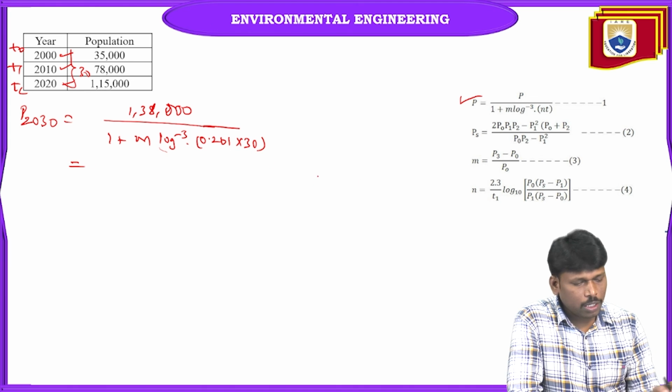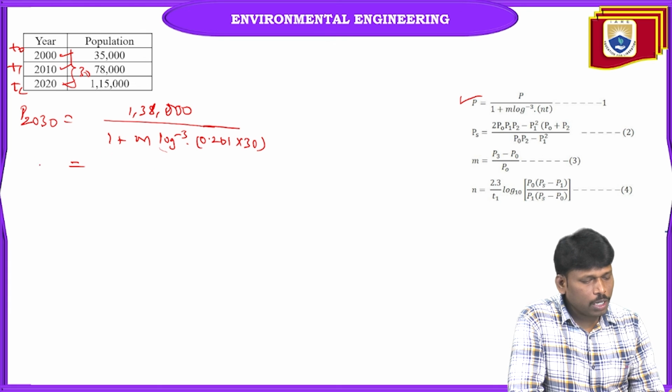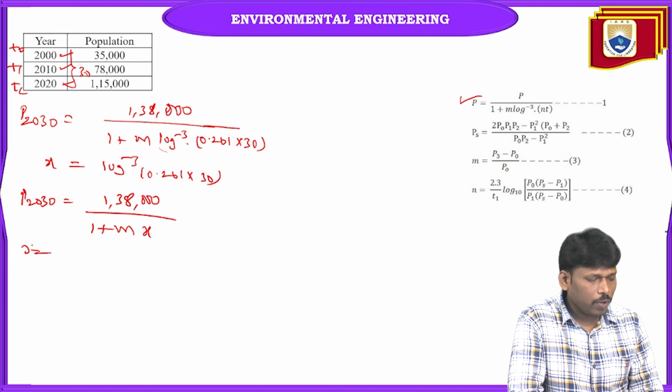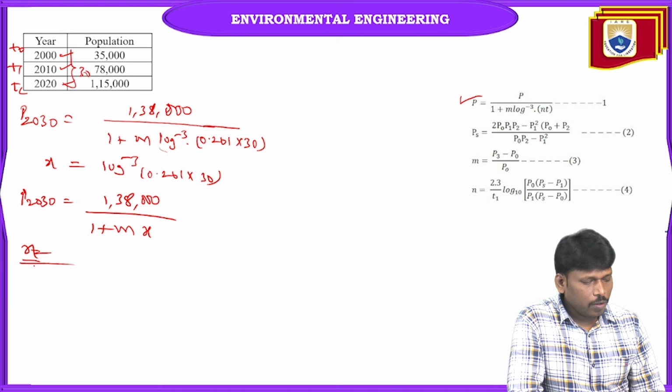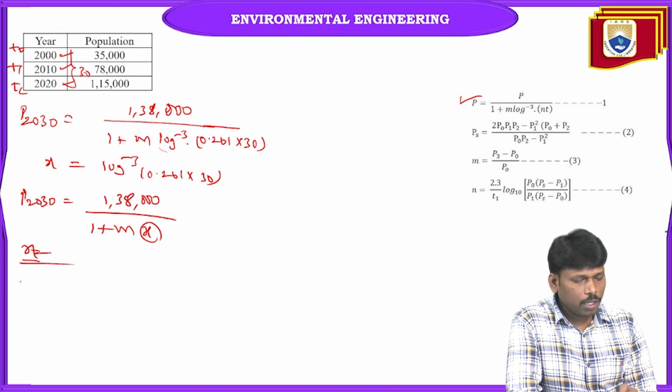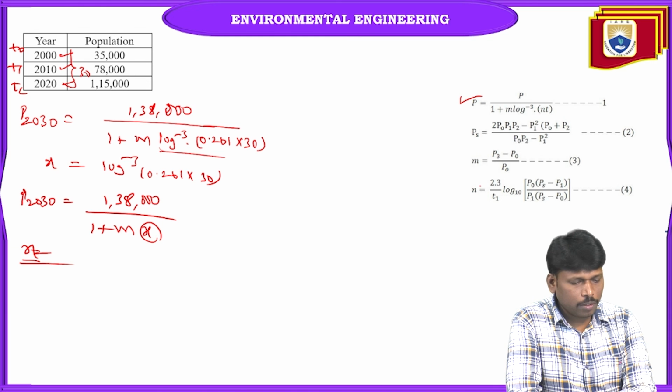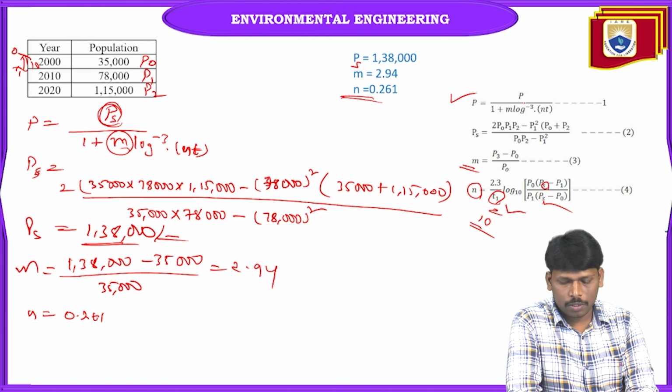Once after solving this equation, we need to work on some value here. If you take x equal to e to the power minus 0.261 into 30, then in this formula it becomes, that is equal to 1,38,000 divided by 1 plus M into X. Now if you obtain X, then we will get the population directly from this formula.